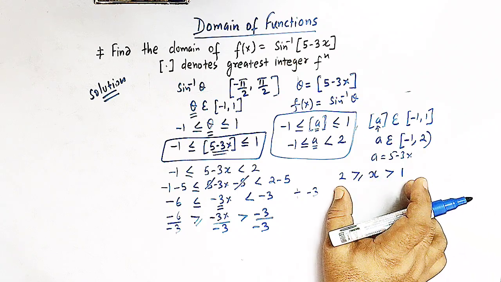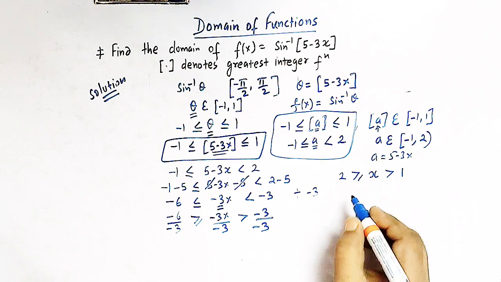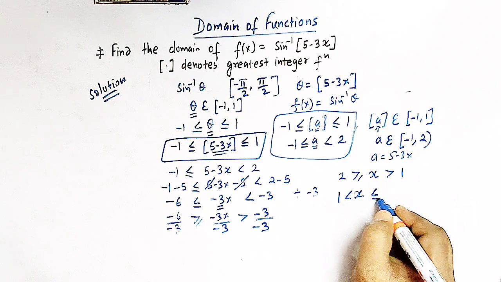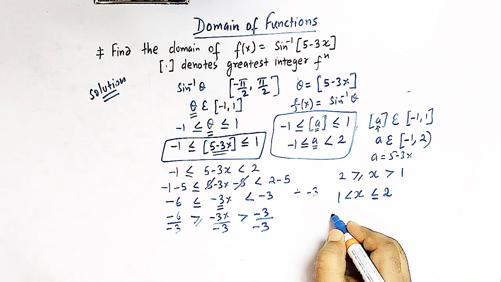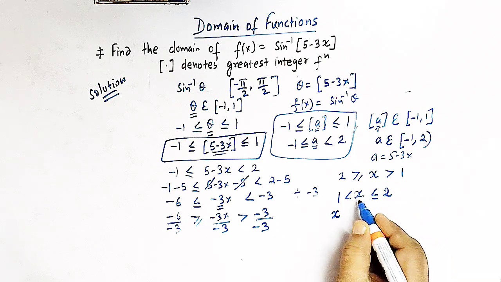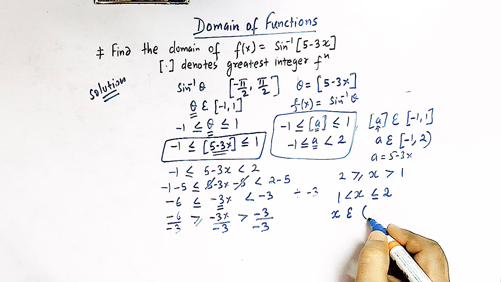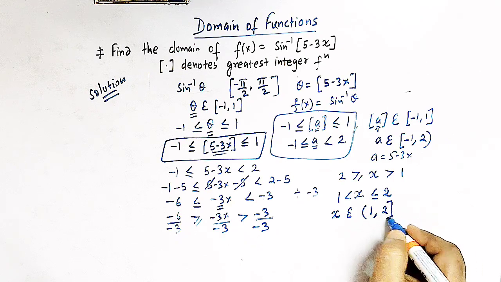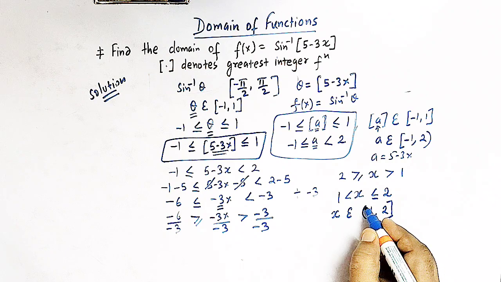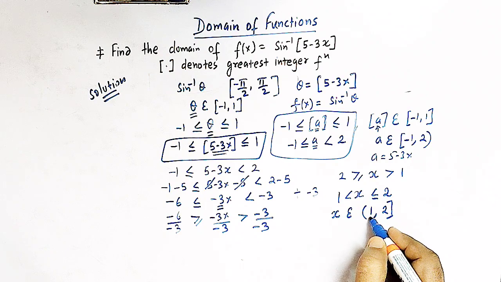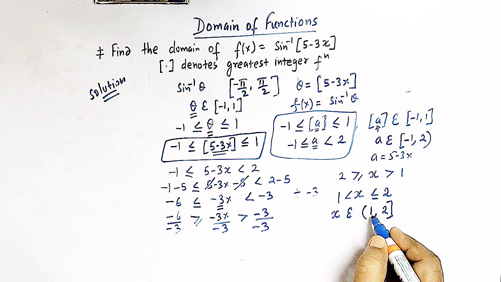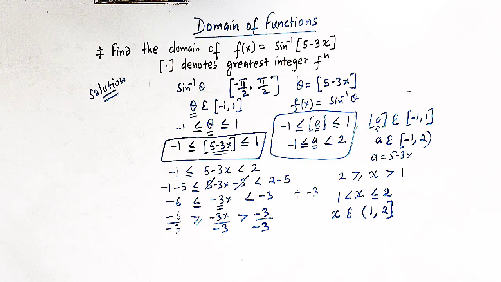So we can now write this inequality as x greater than 1 and less than or equal to 2. Or in other words, x belongs to the interval 1 to 2, and this is closed, right? So this is open from the end 1, and closed from the end where we have 2. So here 2 is included and 1 is not included.